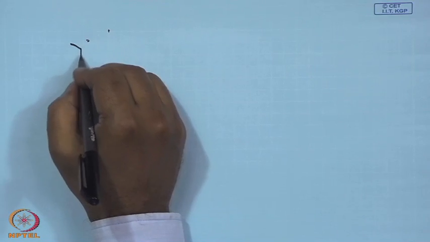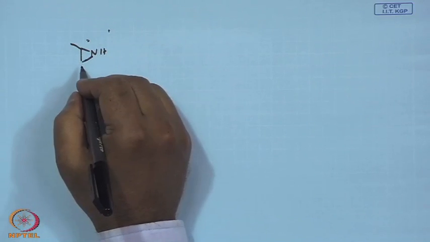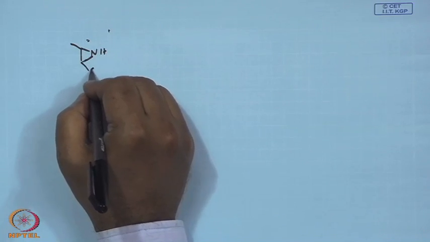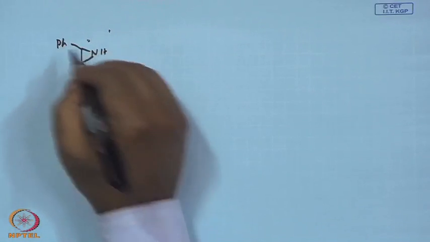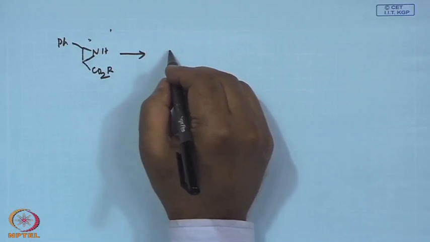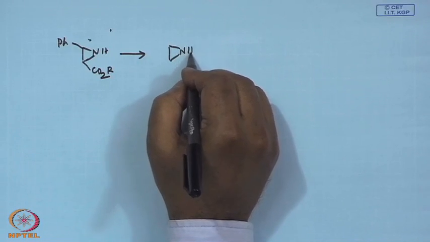And I will just give you one more example probably, as I will skip some of the things. For example, let us say you try to prepare an aminoaldehyde. In this case, you see now we are talking about the heterocycle, right?